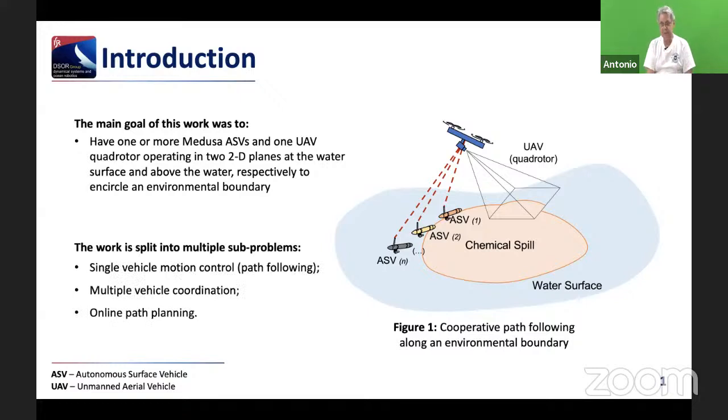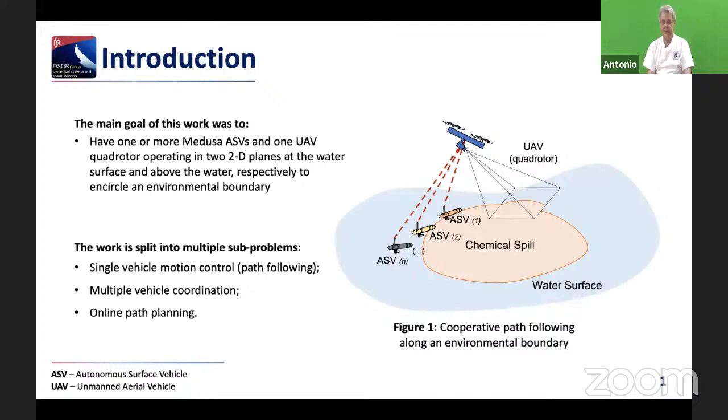So there are very interesting issues. This is a very practical issue, and there are other sub-problems here that are also interesting. First of all, each vehicle must be endowed with good control systems to control along certain paths. You also need multiple vehicle coordination between the top vehicle and the surface vehicle, or surface vehicles, plural.